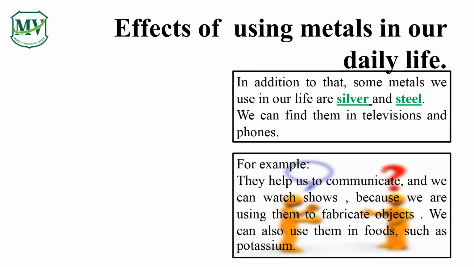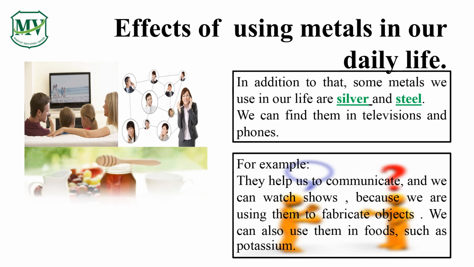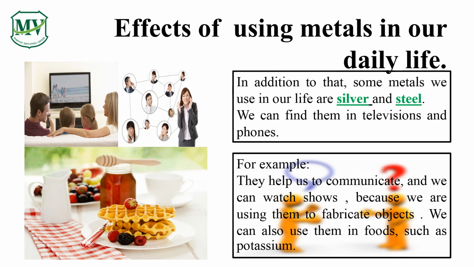Do you love watching movies and playing with your phone? Now, if you enjoy watching movies using your phone, you probably use silver and steel without you noticing it. We can find steel and silver in televisions and phones, and these silver and steel are metals.